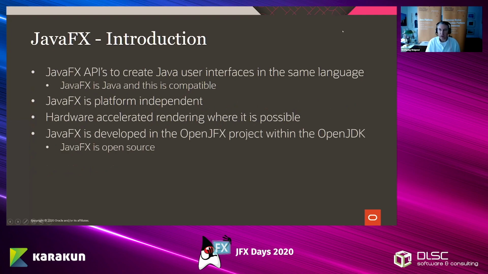So the Java APIs are really created in the same kind of language as Java. It is Java. It's perfectly compatible. So it's one way to get this running and maintained at one central place in the code.